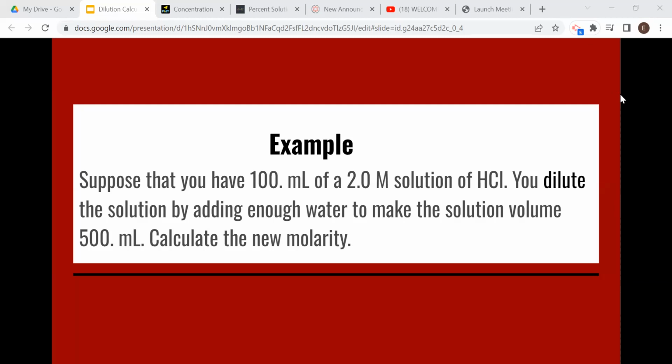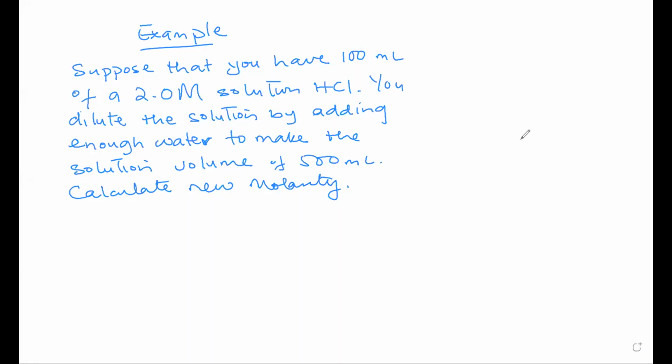Calculate the new molarity. Okay, so let's solve this together.